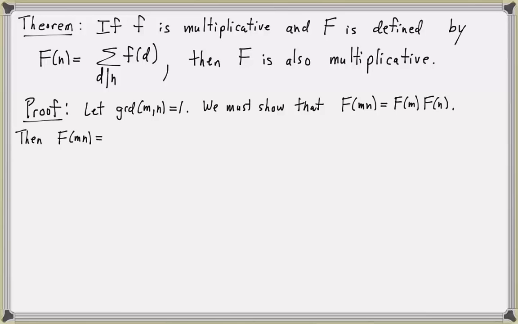And by definition, this equals the sum of f of d, where d is a divisor of m times n. But recall, m and n are relatively prime, so if d is a divisor of m times n, then I can write d as a product of factors d1, which is a factor of m, and d2, which is a factor of n, and they must be relatively prime.